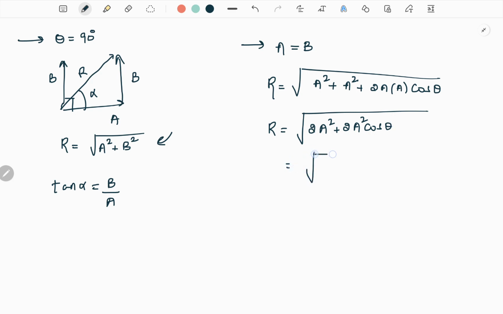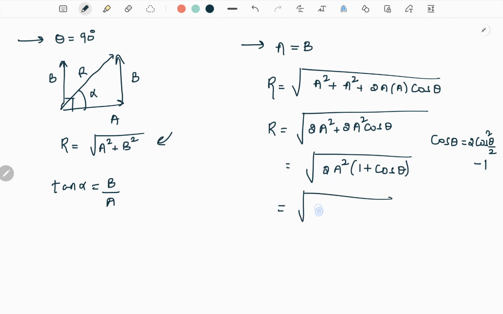This would come out as root of 2a square into 1 plus cos theta. For 1 plus cos theta, we use the relation cos theta is equal to 2 cos square theta by 2 minus 1. So we end up with root of 2a square of 1 plus 2 cos square theta by 2 minus 1. If we simplify this, we get 2a cos theta by 2, where theta is the angle between those two vectors a and b.